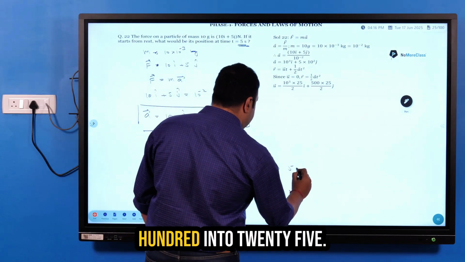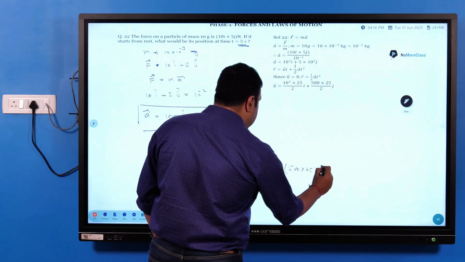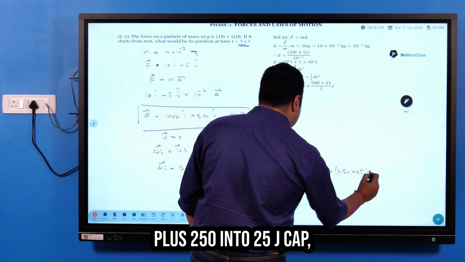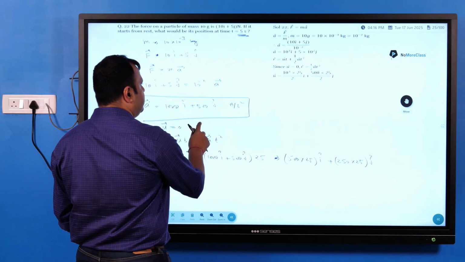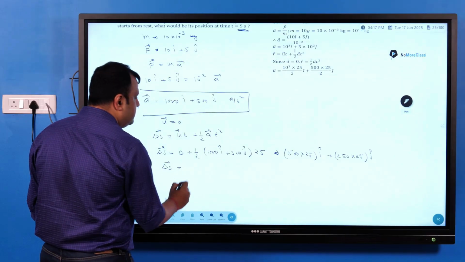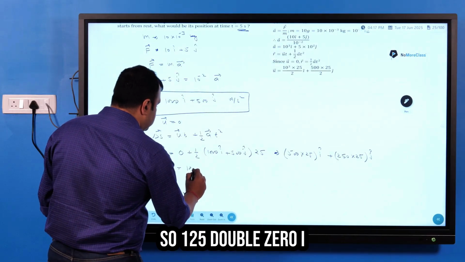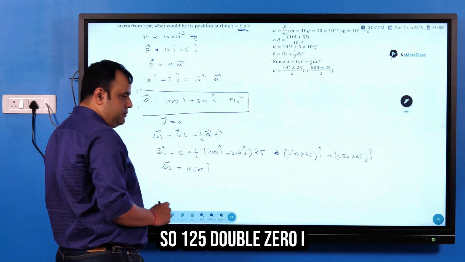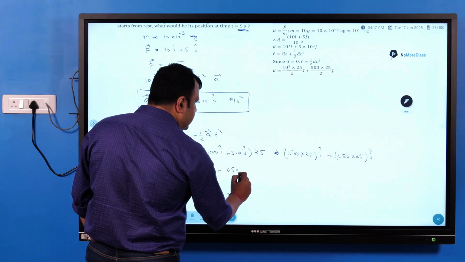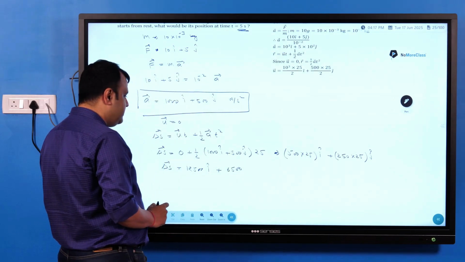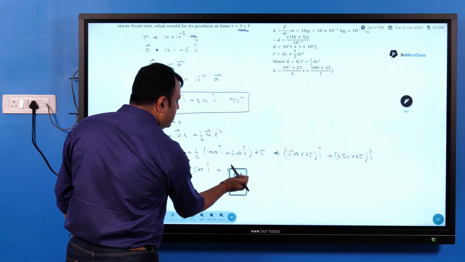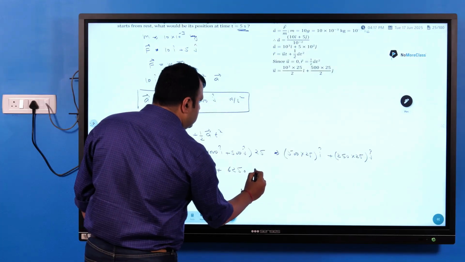It will be coming as 500 into 25 i cap plus 250 into 25 j cap. So 12,500 i cap plus 6,250 j cap.